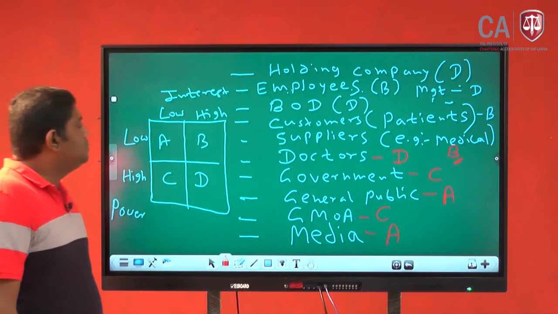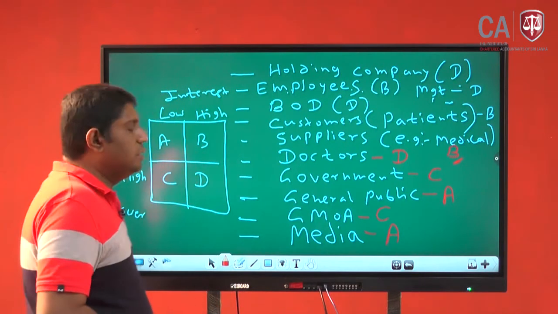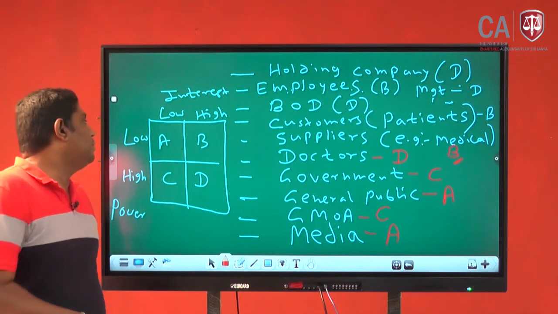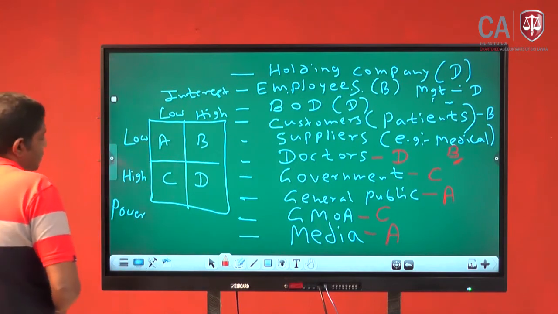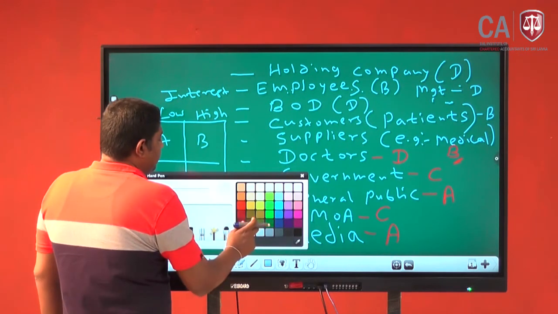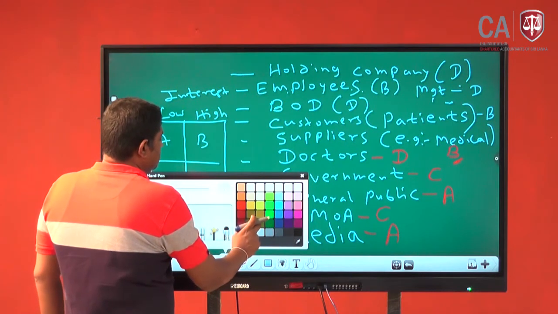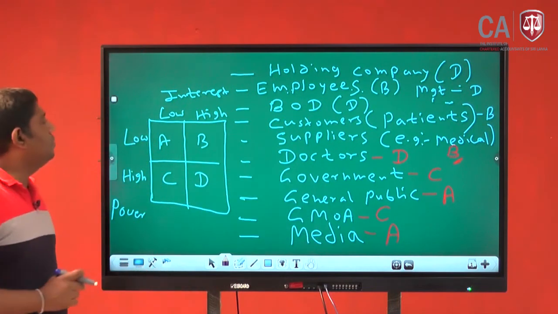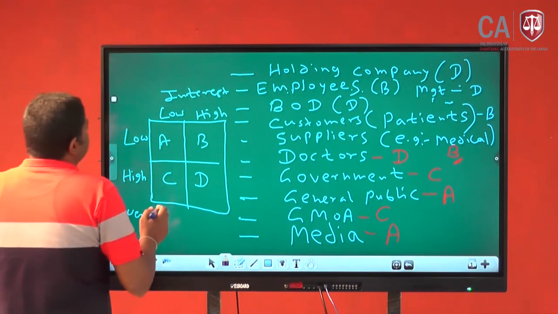Then the next part requires you to identify appropriate strategies to manage these stakeholder parties. So, how can we manage them? If we look at group A, their interest is low and their power is also low.